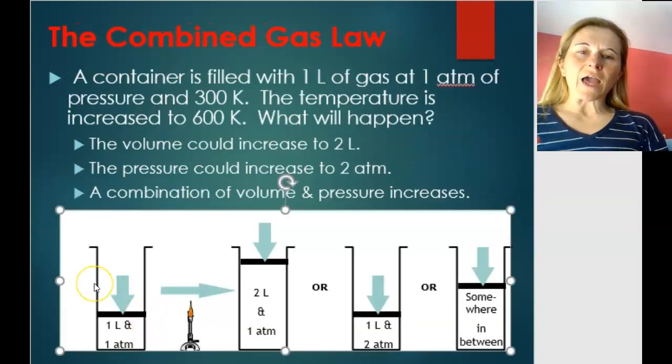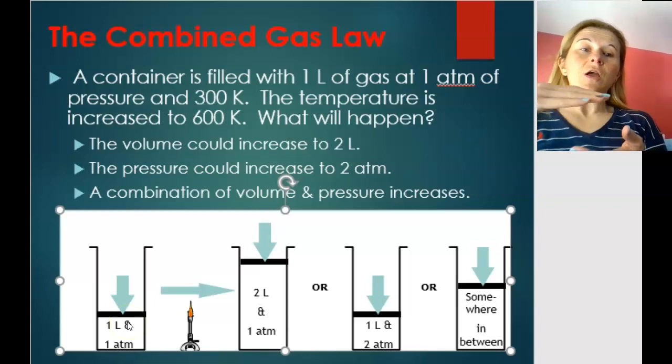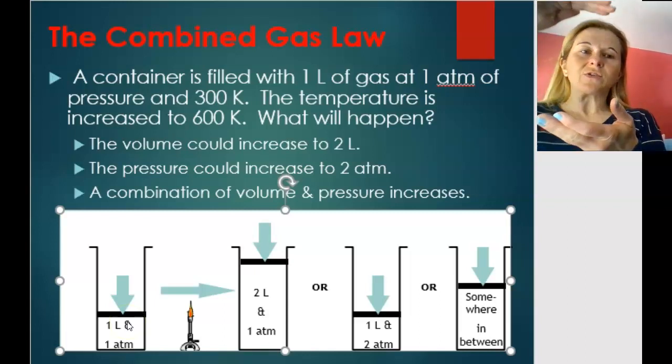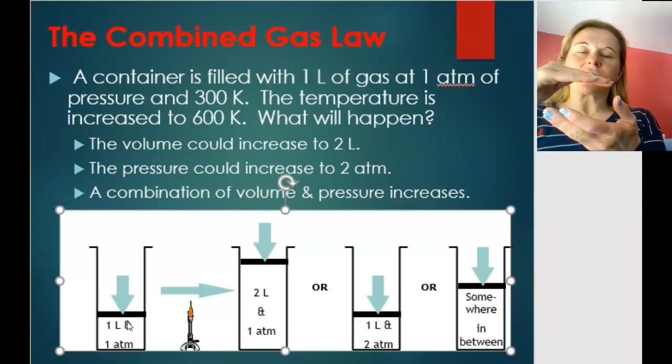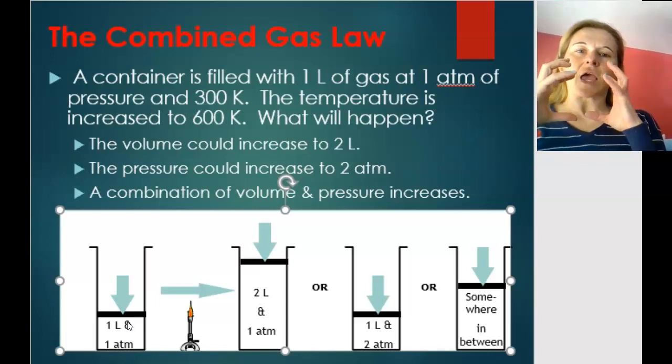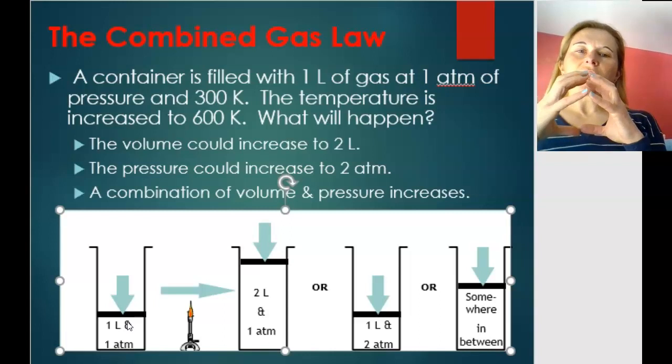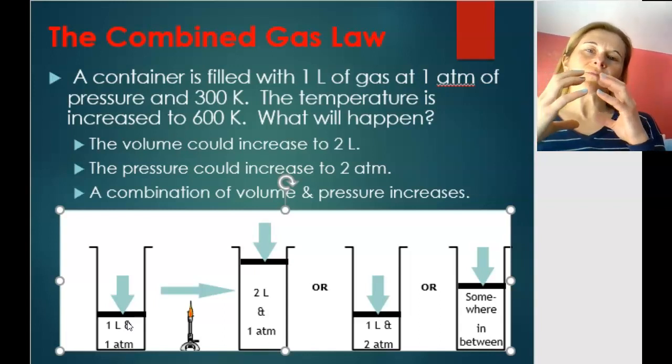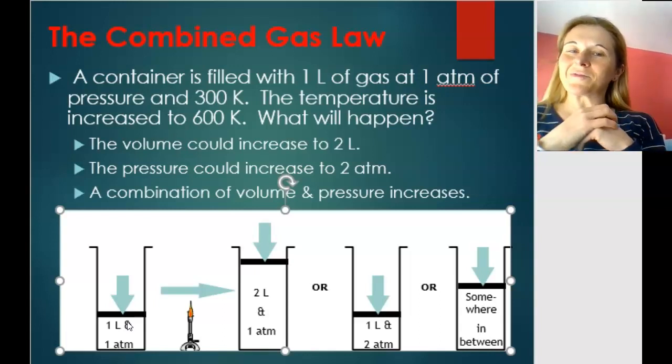Okay, let's look at an example here using a cylinder. We like to use a cylinder with a piston so that the volume of the cylinder can change. We don't want to use a hard structure that the volume can't change when we change the temperature or the pressure. Well, unless we make it explode, right?